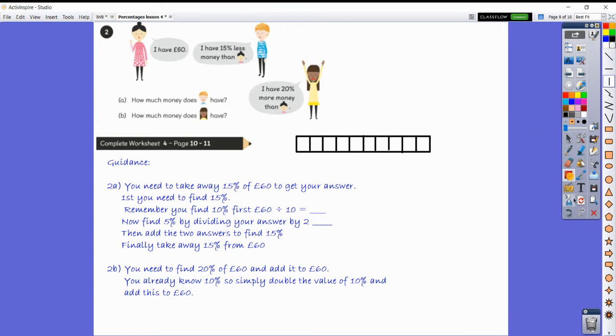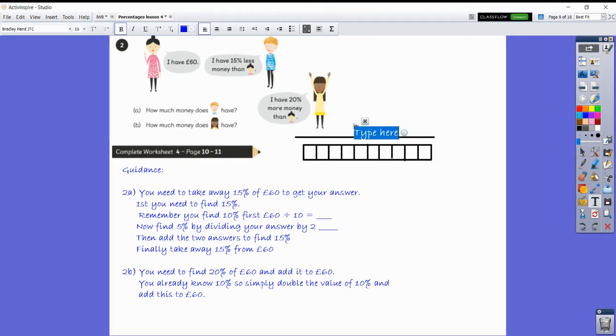So for the girl, this part here represents £60. So this is the £60 of the girl, this bar. Split into 10 equal parts. So 10 equal parts for 60 would be 6.